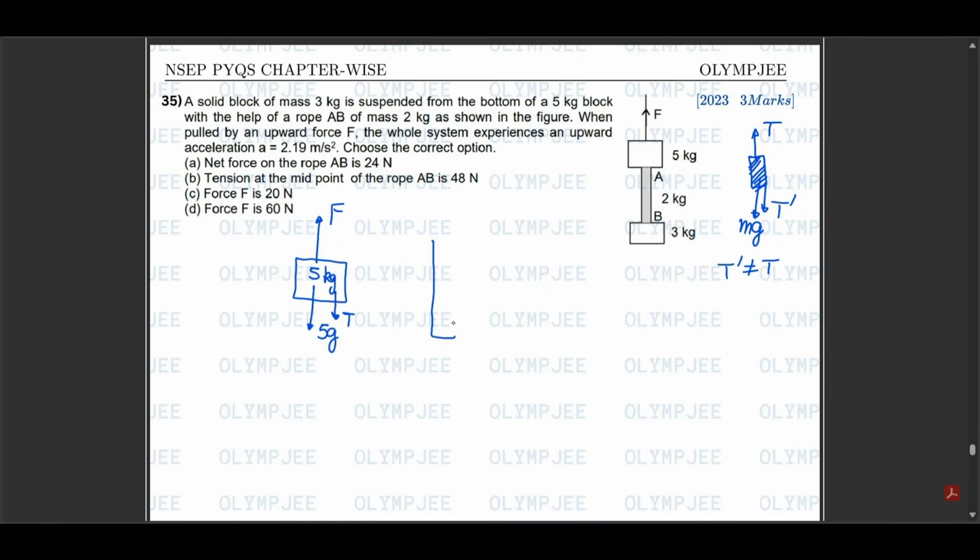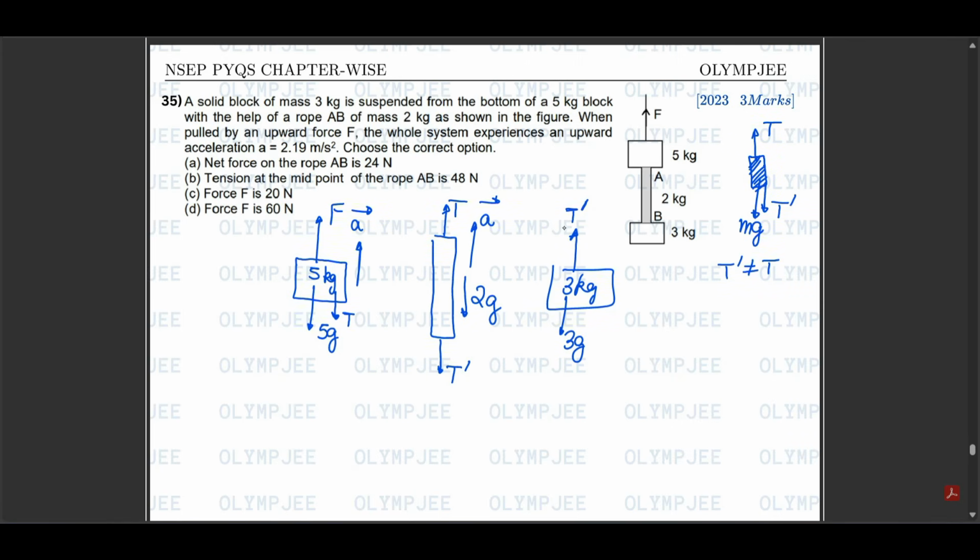This 2 kg rope would experience this same T upwards, a T dash downwards, and 2g downwards, and both are moving with acceleration, which is 2.19 upwards. Now the 3 kg block will experience 3g downwards, T dash upwards, and this T dash is the same, and an acceleration upwards.